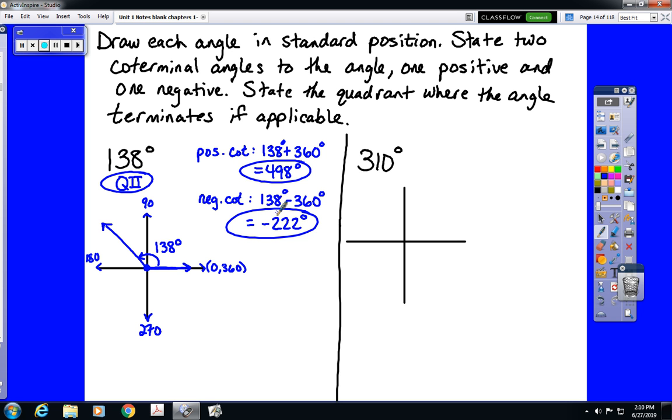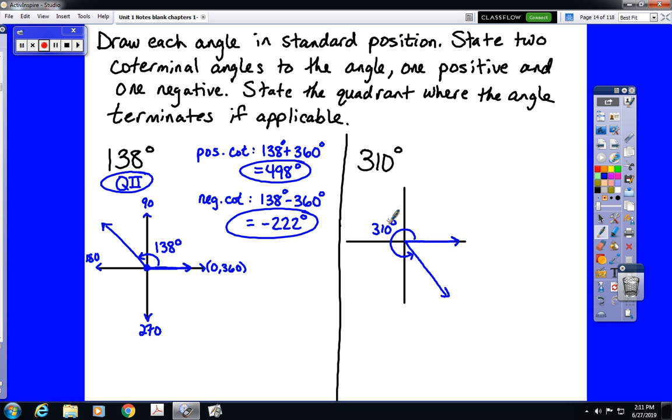So 310 degrees. Again, we know that it's going to start with one side on the positive x-axis. 310 degrees is going to be between the 270 and 360 marks. So we label it with a 310-degree rotation. That is ending in quadrant 4.